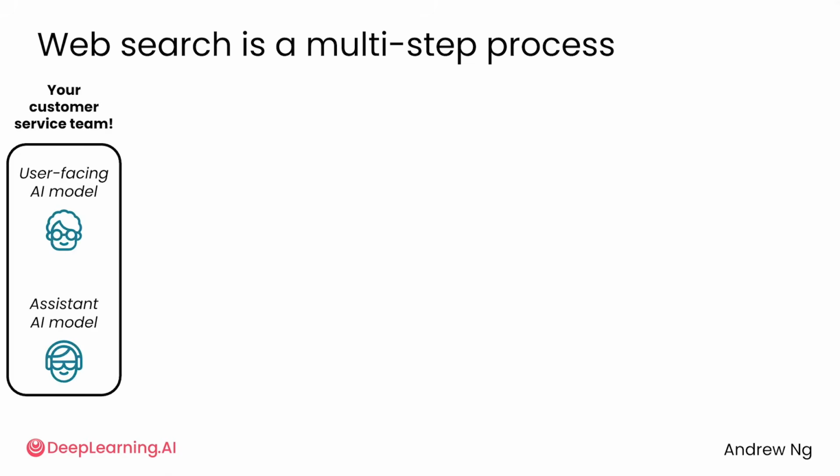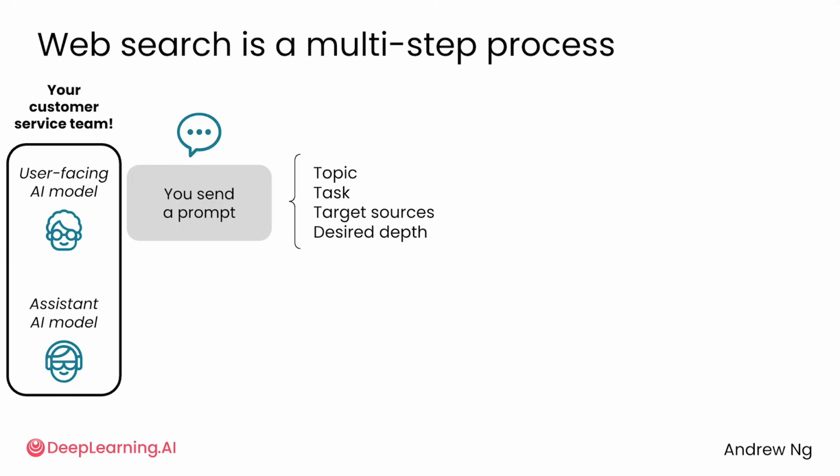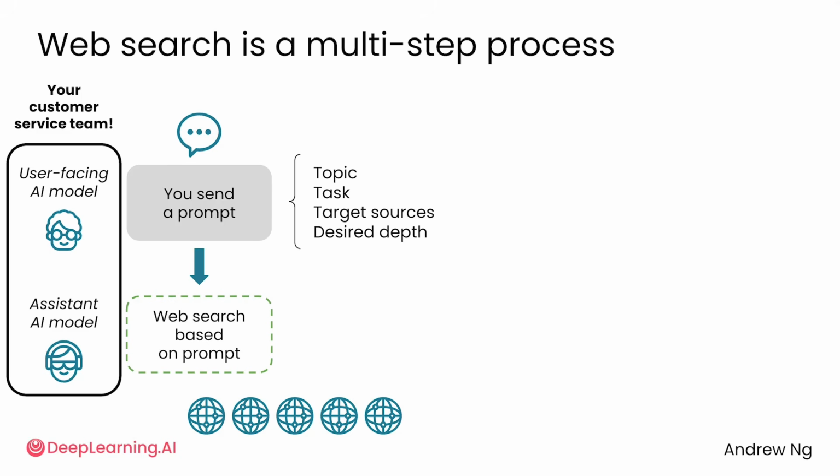There's the user-facing AI model, that's what you are talking to, and the user-facing AI model has a second assistant AI model that it can ask for help to do web search. So when you send a prompt, you are talking to the first model, the user-facing AI model, and it will occasionally decide to call up the assistant AI model, the second AI, to say, "hey, please do a web search for me to gather more information."